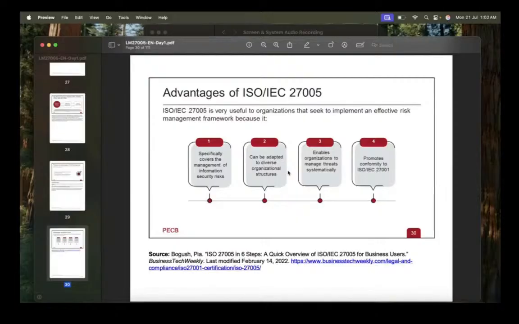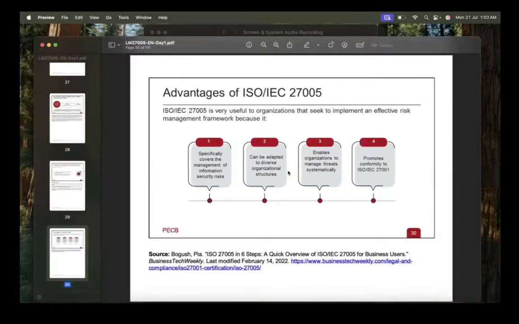Number one, it covers the management of information security risk. First, the risks are identified, like what all information security risks are there. And then this standard covers how to manage those information security risks.